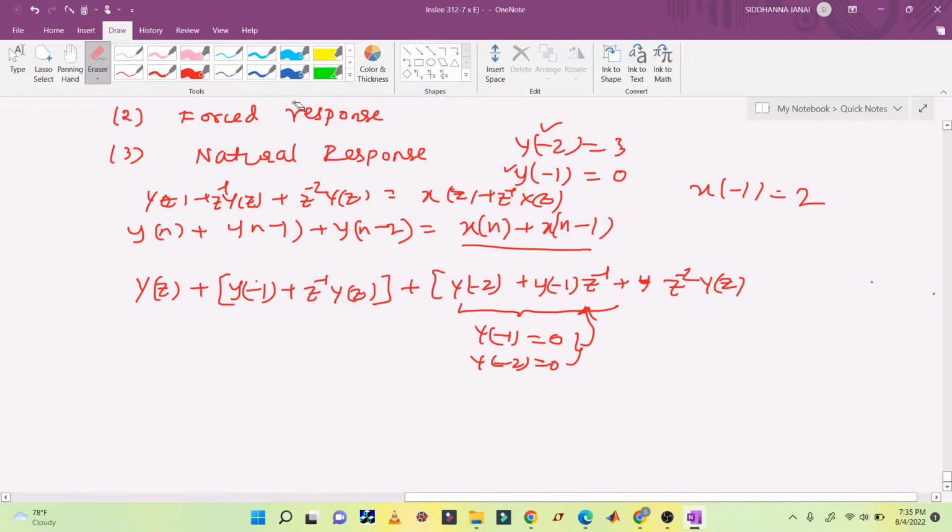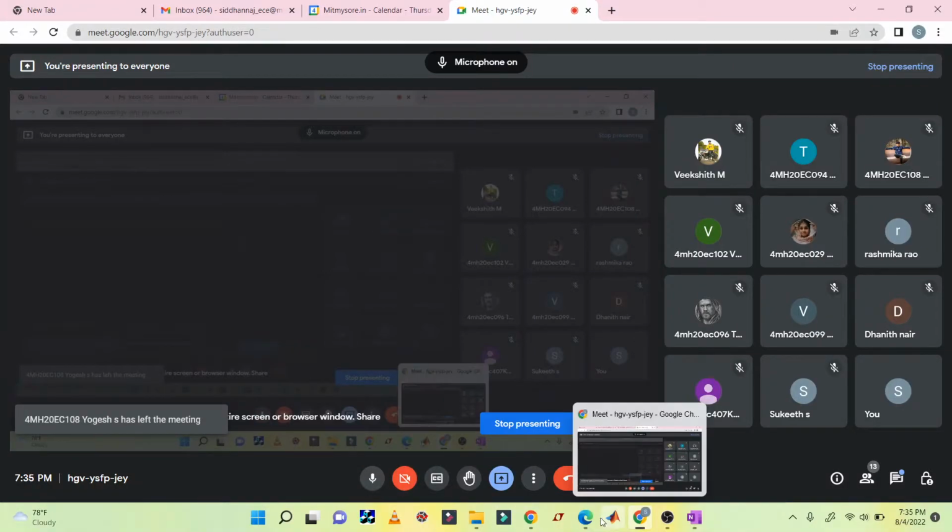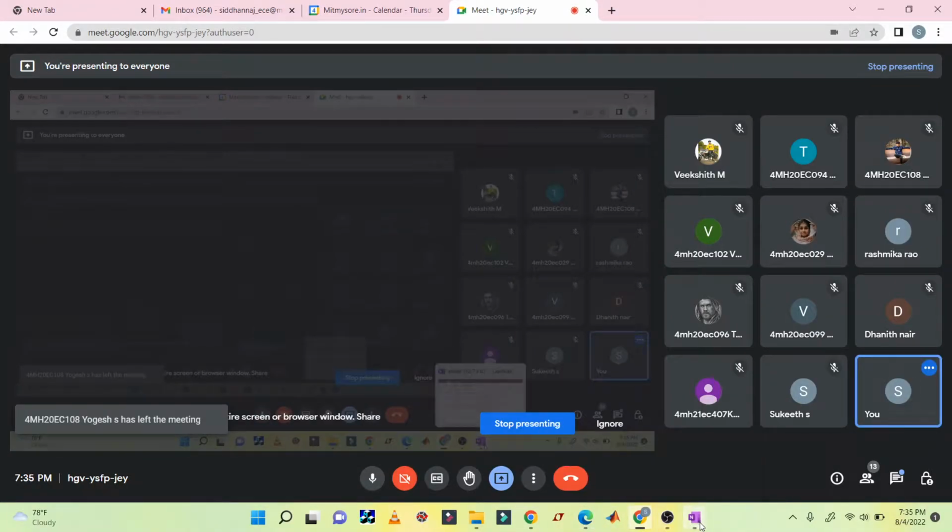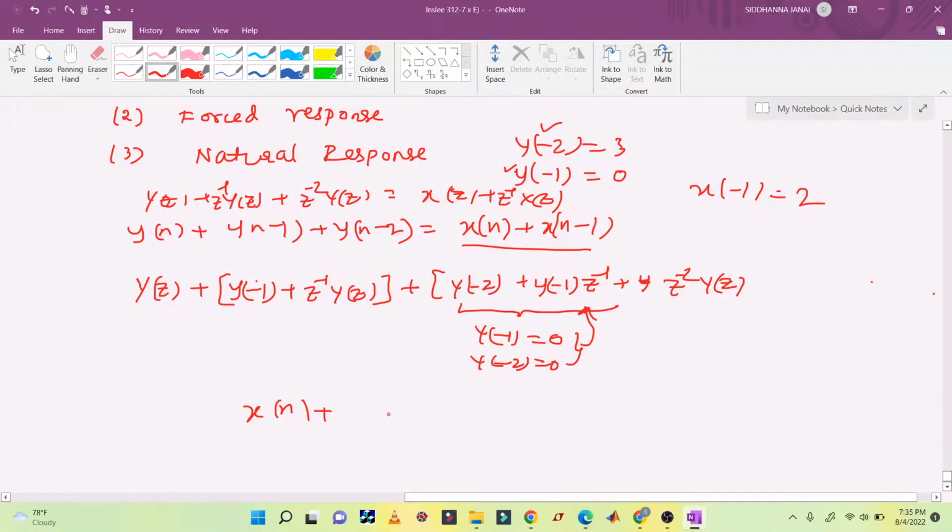So for this one, for x of n, I was writing the unilateral Z transform. For x of n minus 1, we have the Z transform as x of minus 1 z to the power 0 plus x of z to the power minus 1.